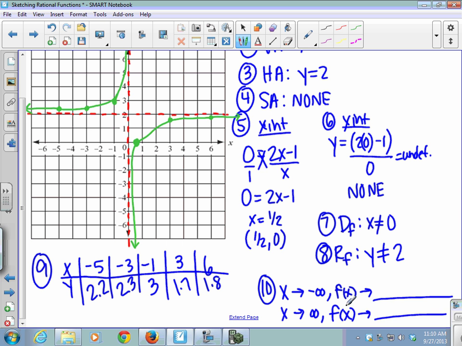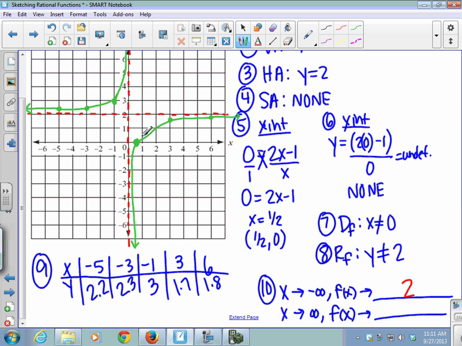So then as we approach -infinity out here, this graph is going down and it's getting close to what y value? F of x is basically the same thing as y. So as I go way out here on the x-axis, what's my graph doing? It's getting close to that horizontal asymptote, which is at 2. So as x approaches -infinity, f of x, or the function, is approaching 2.